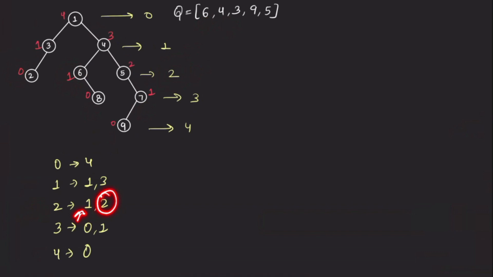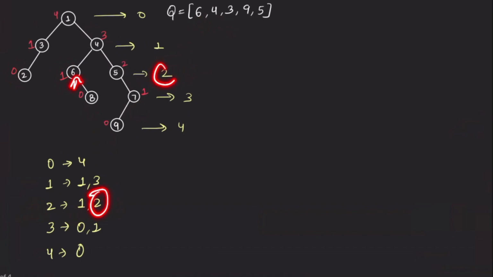The largest has height 2, and the level of 6 is also 2. So the answer will be 2 plus 2, that is 4. Meaning when you remove the subtree rooted at node 6, the height of the binary tree will be 4. This part is removed and we have this longest path, so the height will be 4.